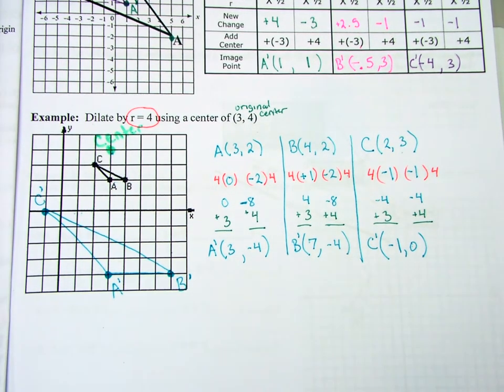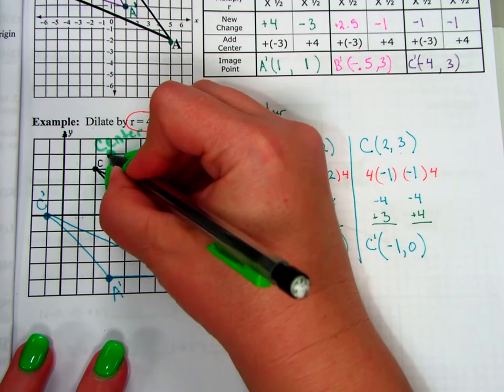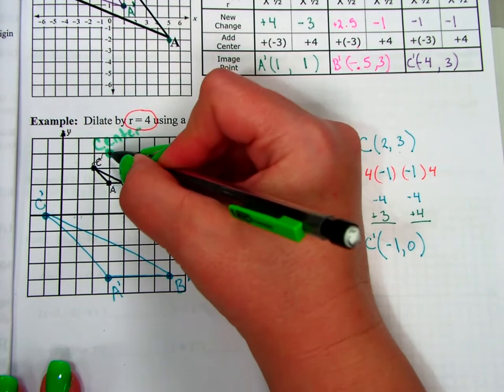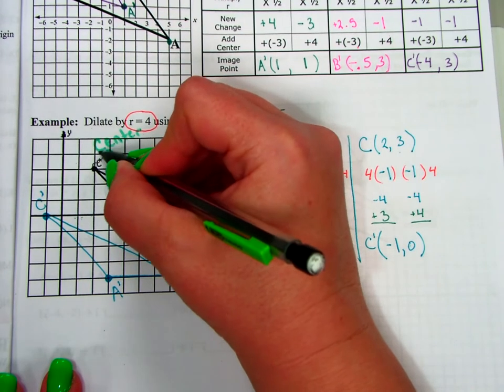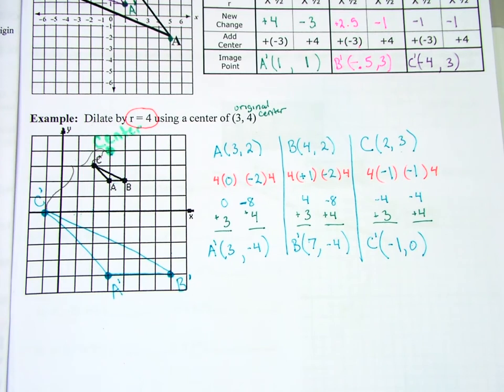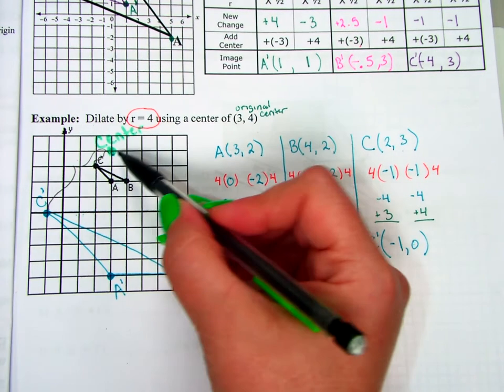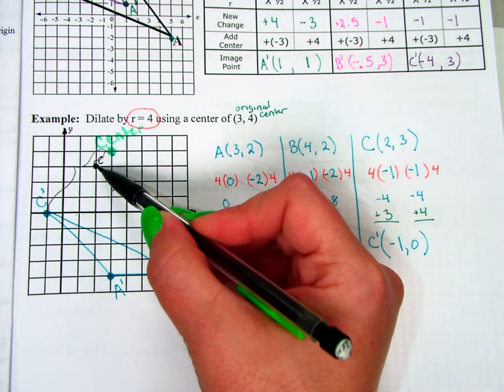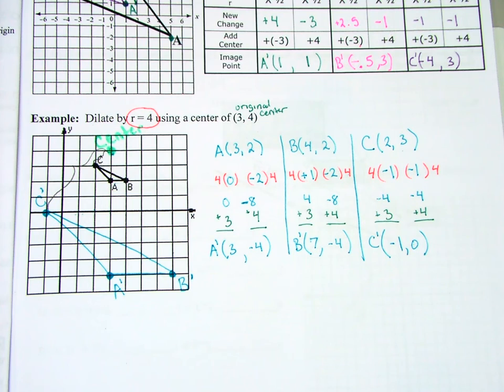So in other words, this distance here, which is the square root of 2, and then this distance here would be 4 square roots of 2. Anybody know how I knew without doing any math that this distance diagonal across the square is square root of 2?